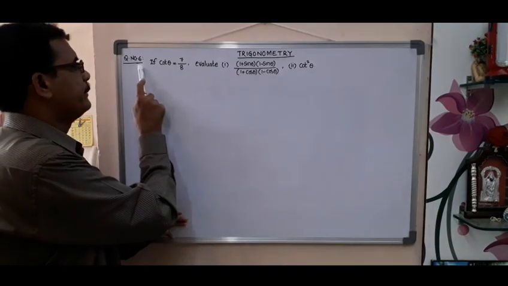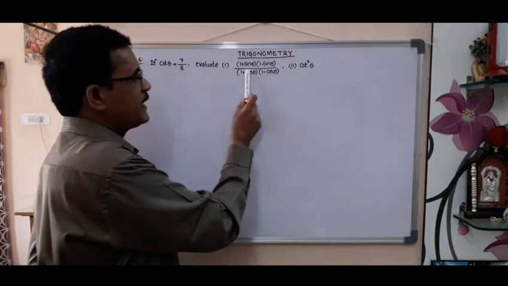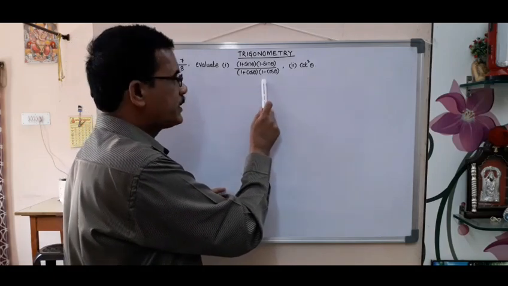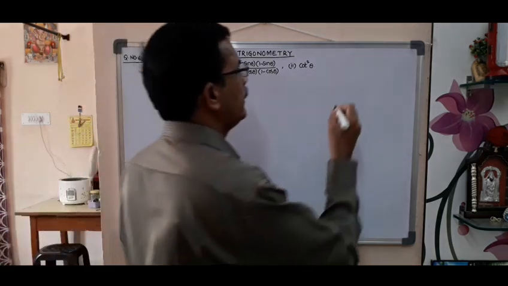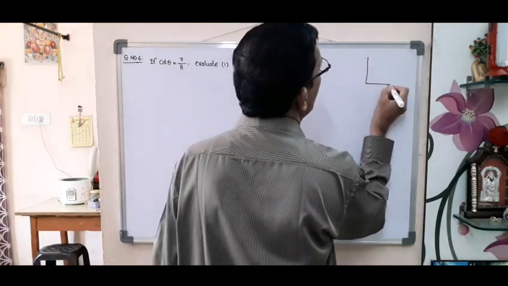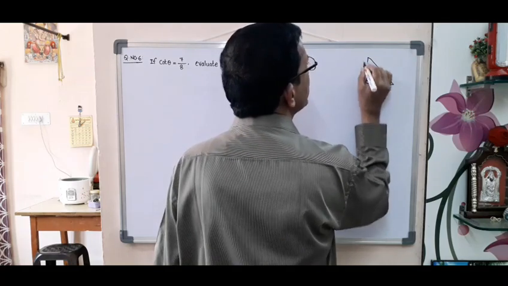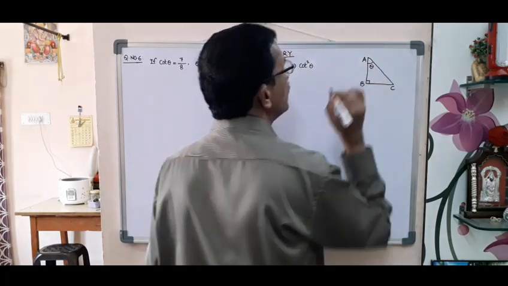Question number 6. If cot theta is equal to 7 by 8, evaluate (1 plus sin theta)(1 minus sin theta) by (1 plus cos theta)(1 minus cos theta), and cot square theta. So let us draw one right angle triangle. I am taking angle B as 90 degrees and angle A as theta.